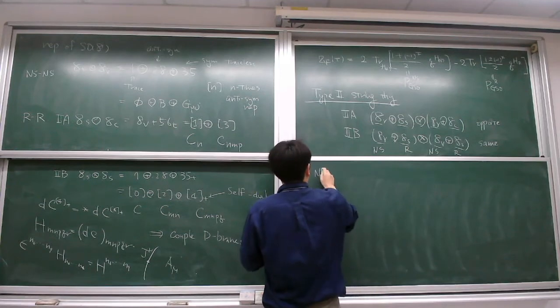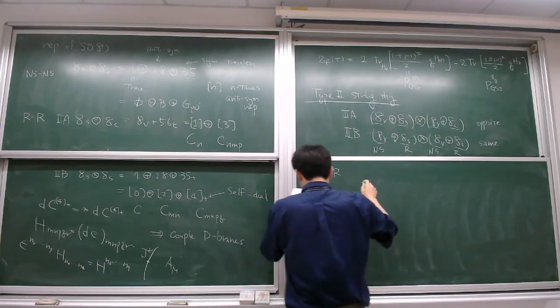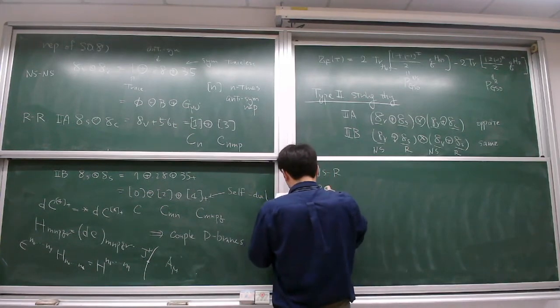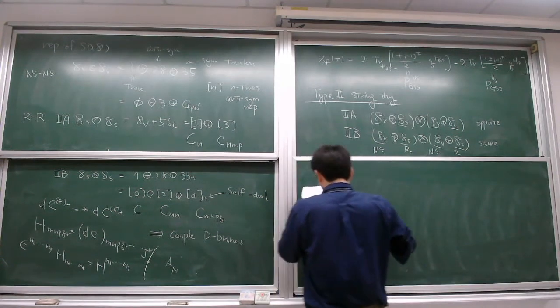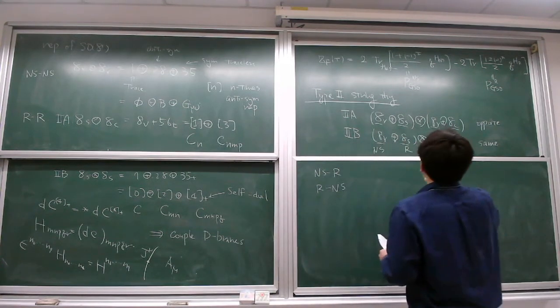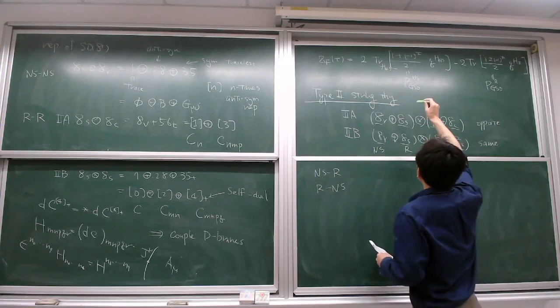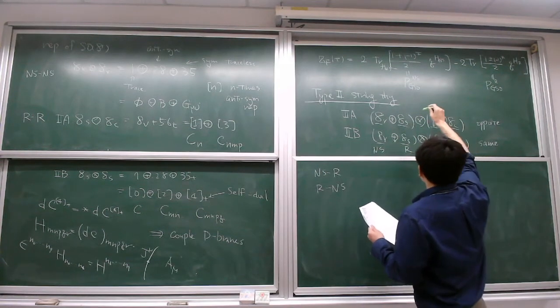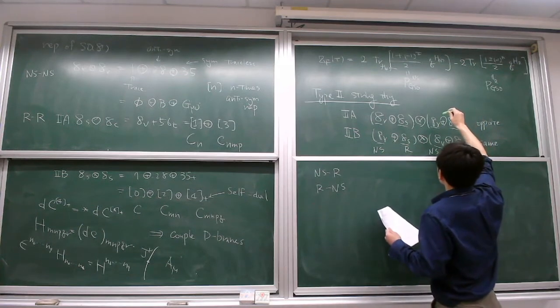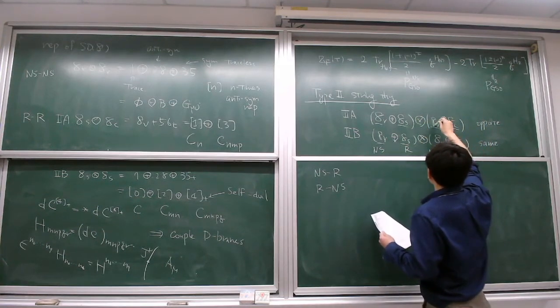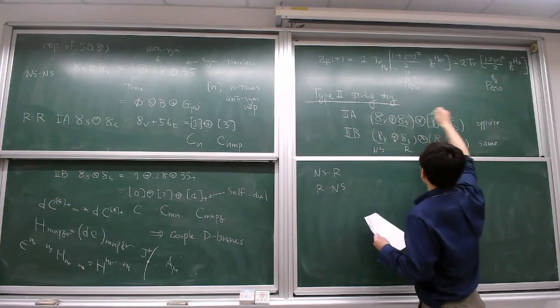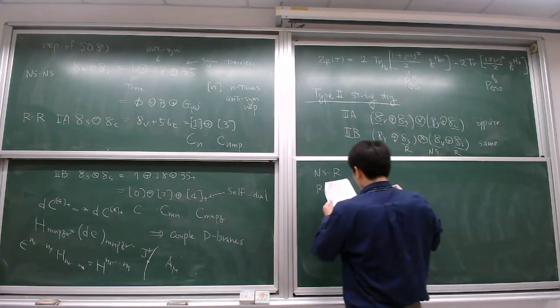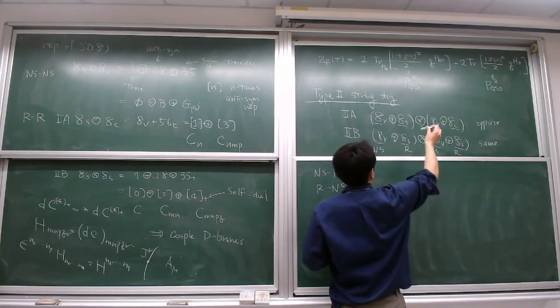So the NS-Ramond and Ramond-NS sectors. So for 2A it's Ramond-NS and NS-Ramond, and essentially the same here.